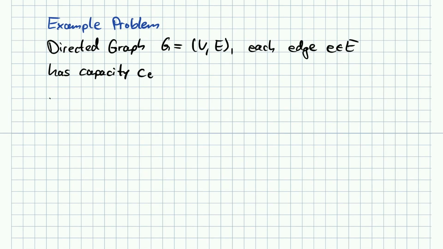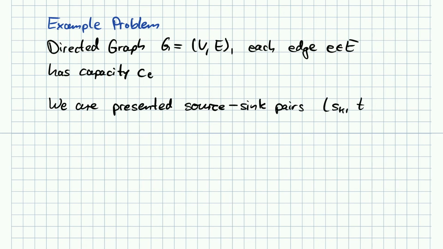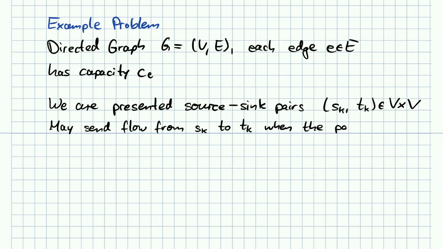And we are presented source sink pairs, which I might want to call SK, TK, and we may send flow from SK to TK when the pair is presented.